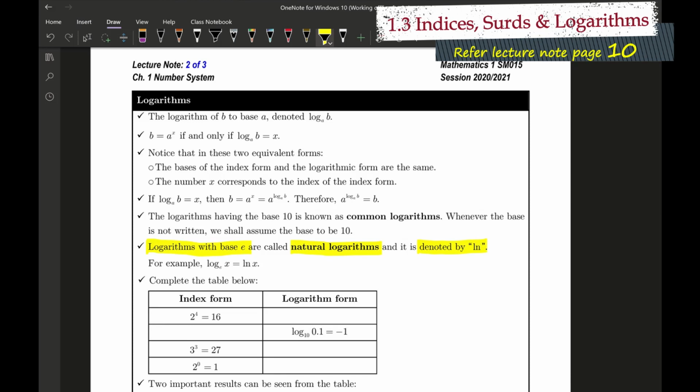If we want to find using calculator, either we use log having base 10, known as common log, or natural logarithms, which is log with base e. For base 10, you will see in your calculator denoted as lg. But for base e, it is denoted by ln in your calculator.